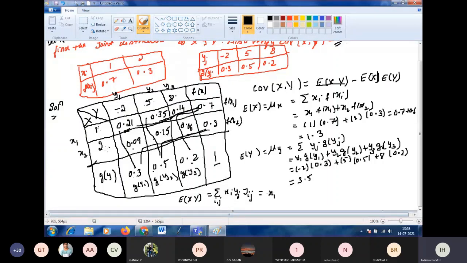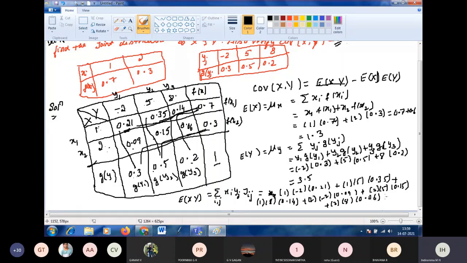It should cover all the values of the table. So directly I am writing: 1 into minus 2 into 0.21, plus 1 into 5 into 0.35, plus 1 into 8 into 0.14, plus, coming to the second row, 2 into minus 2 into 0.09, plus 2 into 5 into 0.15, plus 2 into 8 into 0.06. Is it right? Now calculate this value.